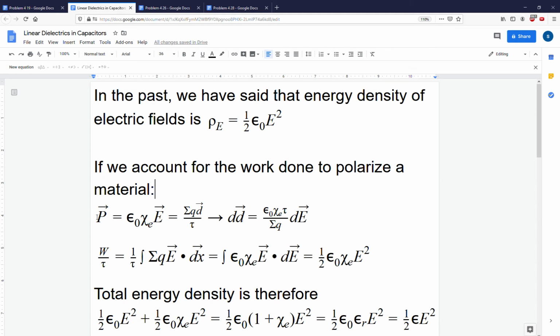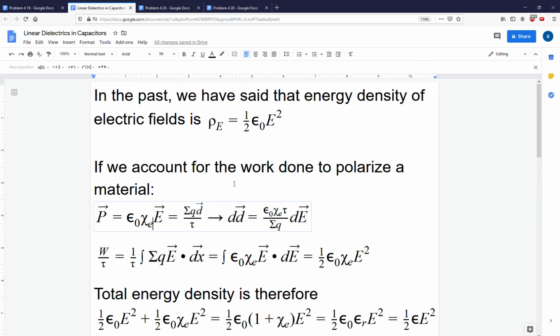First, we are going to assume that we are dealing with a linear dielectric material. That is a dielectric material that has the property polarization is equal to epsilon naught times chi e times the electric field. Recall also that the definition of polarization is the net dipole moment per unit volume.